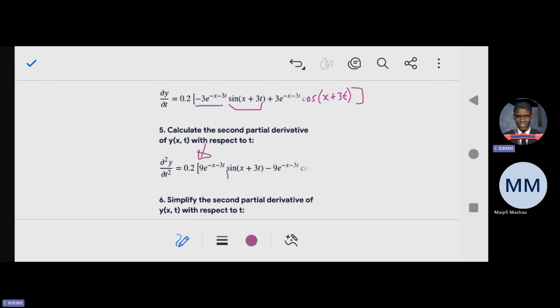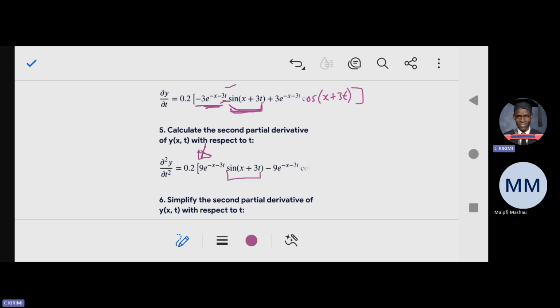So this one I keep it constant, then I differentiate this one. So I'm already having minus 3, and then another minus 3, which is coming from chain rule here on the top. Yes. So that's why it's minus 3 times minus 3. It's what? Positive 9. Then you just copy sine as it is. So it will be sine x minus 3t.